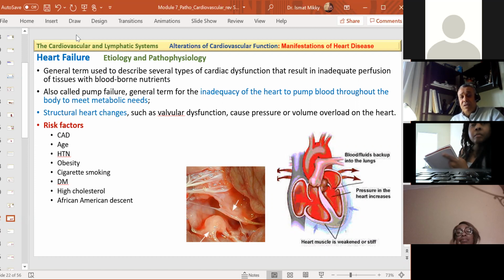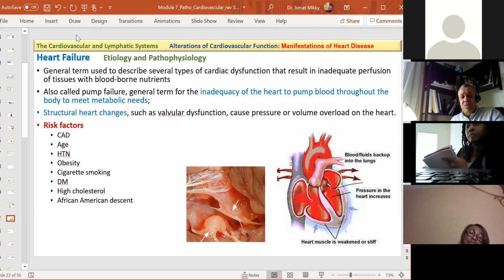All of these are in addition to the other risk factors listed on this slide, but the most common causes are the ones I just described: the valve dysfunctions, acute MI.